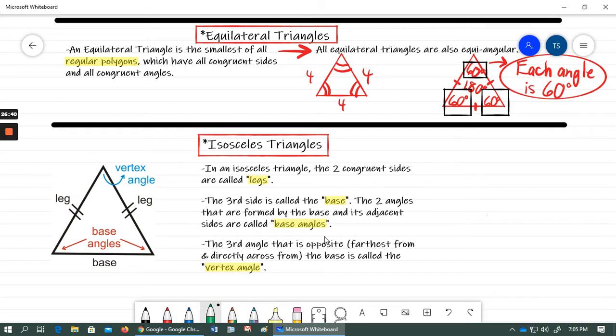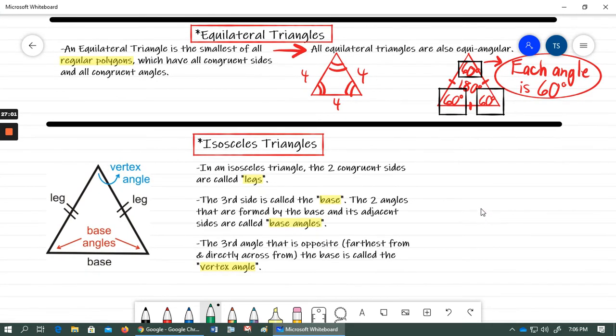I'm not sure if there are base angles in other types of polygons, but not in other types of triangles. So we're going to look at the base angles theorem, which only applies to isosceles triangles. Base angles theorem coming right up.